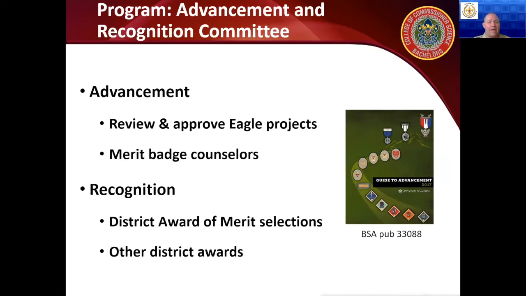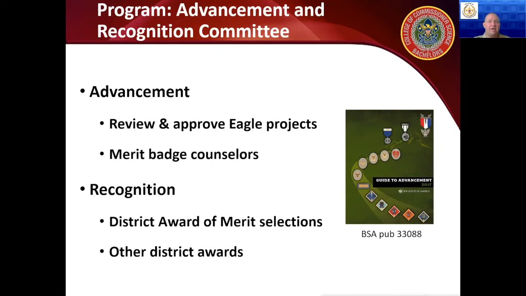They review and approve Eagle projects. They also visit the units annually to interpret the advancement program and evaluate the progress of the unit. They ensure an update of merit badge counselor lists, make sure it's available, and all counselors are registered.